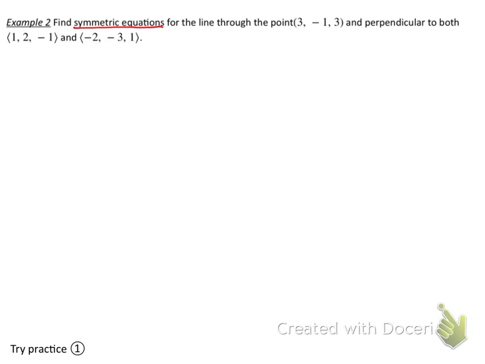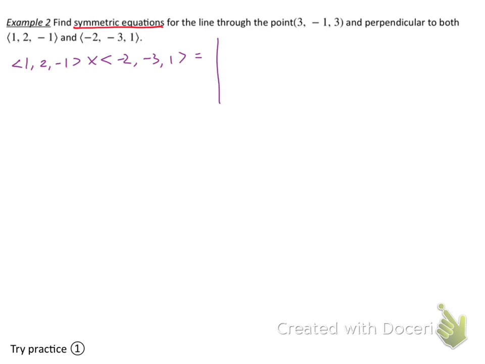It was given by saying it's perpendicular to two vectors. What is that? That's the cross product, right? The direction of the line that is perpendicular to both vectors will be the cross product.